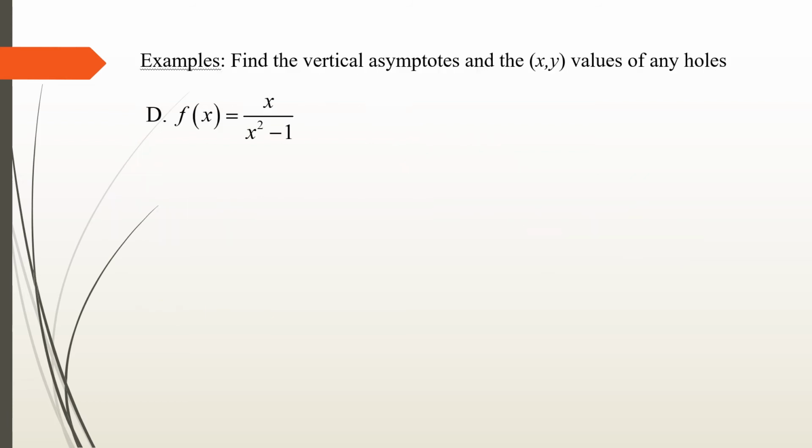All right, so we're going to factor this: x over x plus 1, x minus 1. So x cannot equal -1 or 1. That's our domain restrictions. We want to know what's happening at that. Now, I have nothing I can factor out. So if it doesn't factor out, it's not a hole.